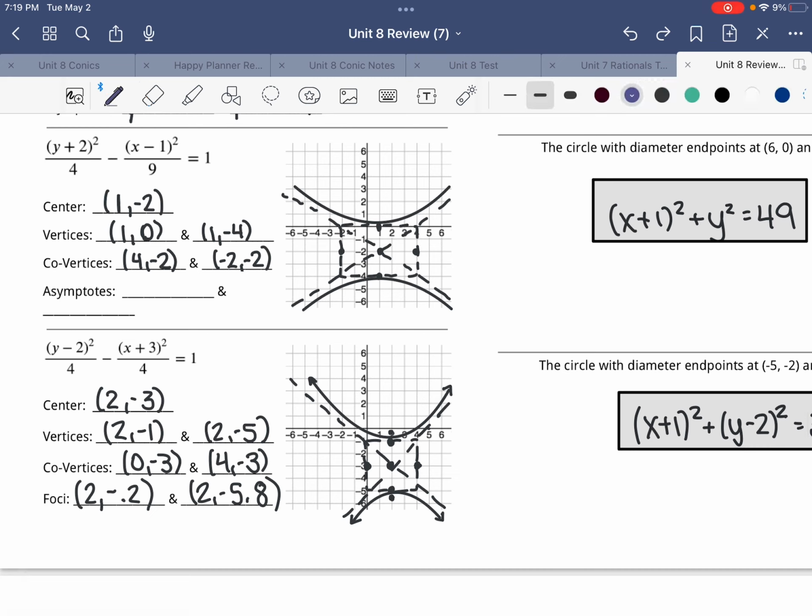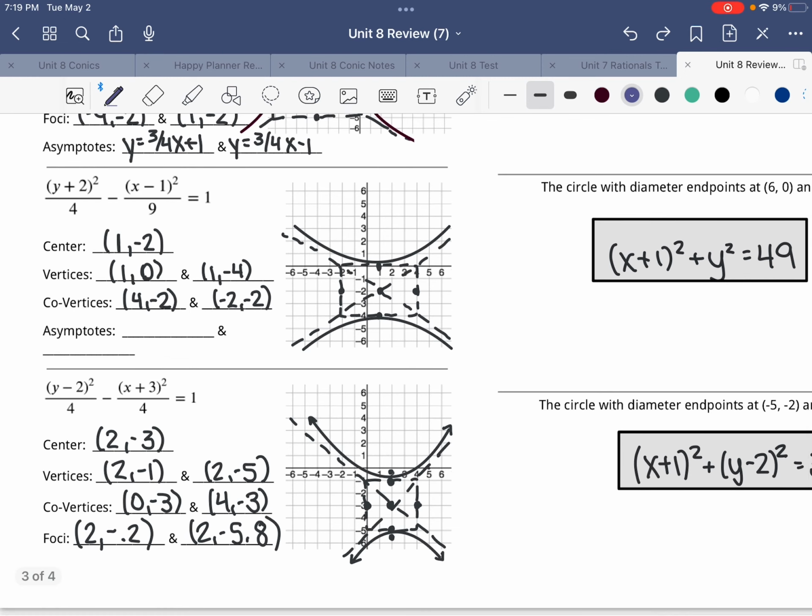So for example, this one here in the middle, it looks like it crosses right here at negative 1. But if I know that my slope is going up 3/4, then y equals 3/4 x. That means I'm technically going up 3/4 and over 1 every time.